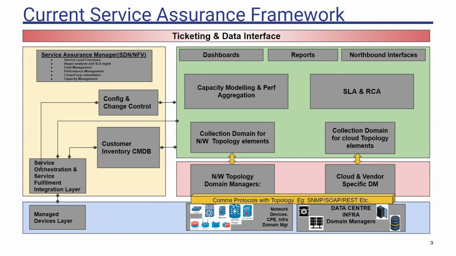This block makes sure that whatever services or NFV devices are getting provisioned into your network are up and running, collaborating and connecting with each other, and giving you the output that is desired and programmed through these soft devices. That is what the service orchestration and service fulfillment layer does. In addition, it also makes sure that any faults occurring in these soft devices or NFVs are also reported at the top.